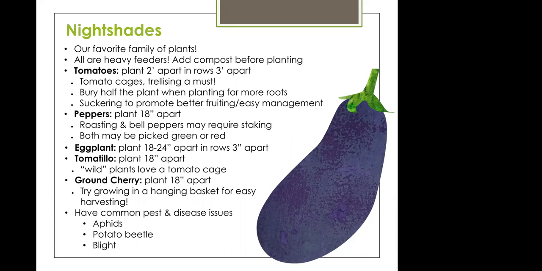Eggplant can be planted 18 to 24 inches apart. Eggplants don't need to be trellised. They're really strong, sturdy plants once they get going.